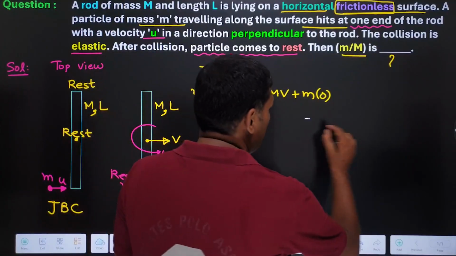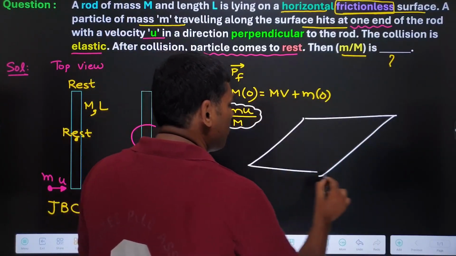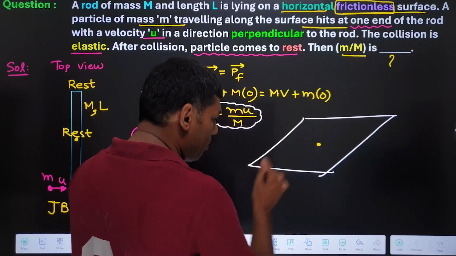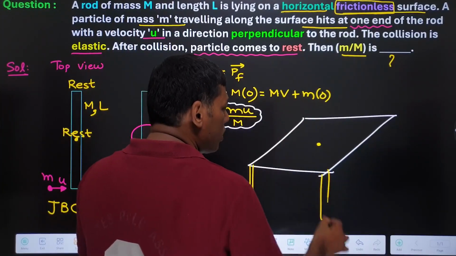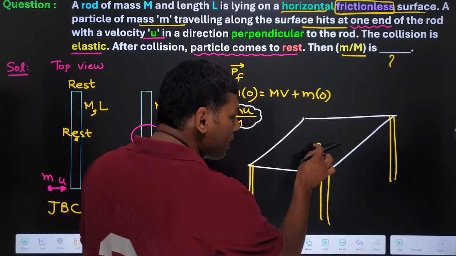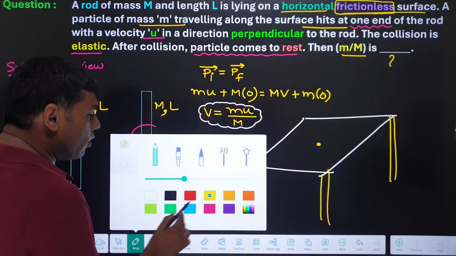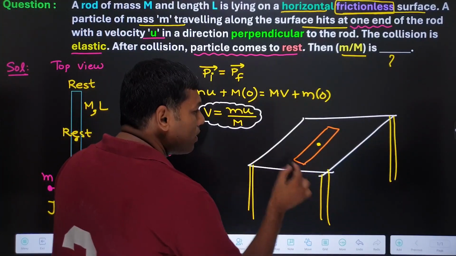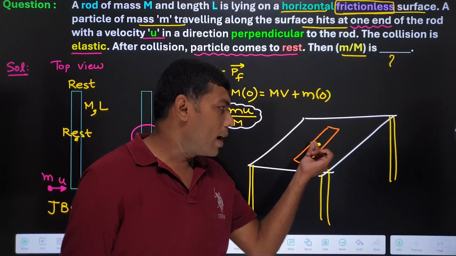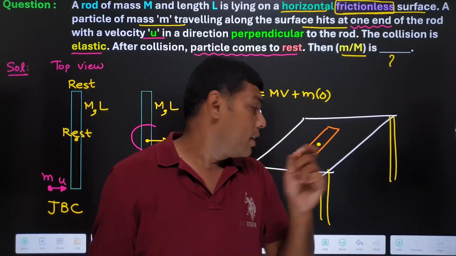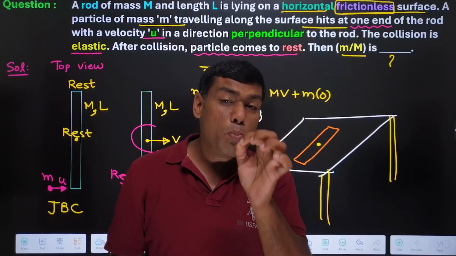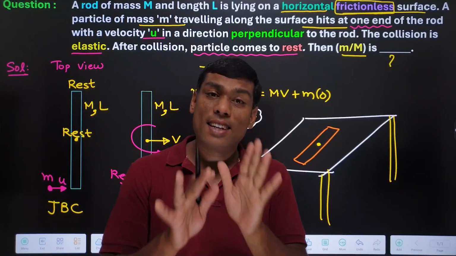What I mean is, if this was a table, here is a point on the table, and just above this point the center of mass of the rod is lying. Now the point on the table is at rest.